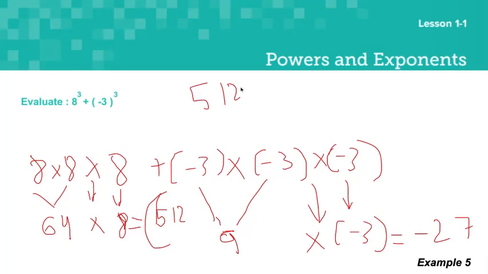And here is the result: 512 plus negative 27 equals 485. This is the answer.